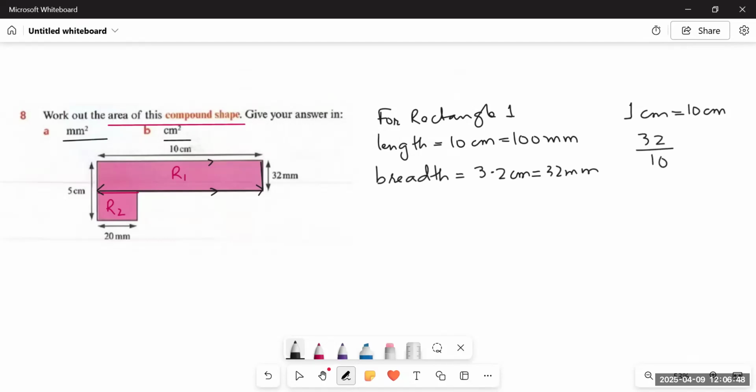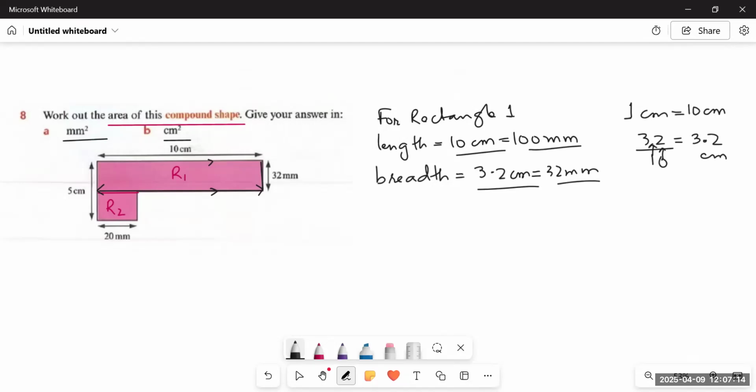When I divide it, the 0 will connect with the 2, and a point will come between 3 and 2, and it becomes 3.2 centimeters. I have written the values both in centimeters and millimeters, so that when I calculate the area in centimeter square, I will use these figures, and when I find the area in millimeter square, I will use these figures.